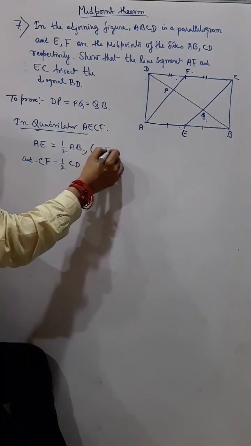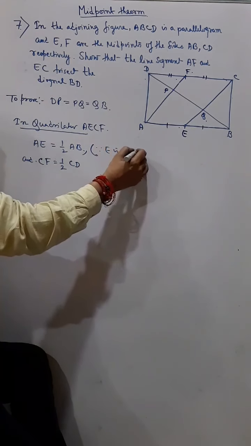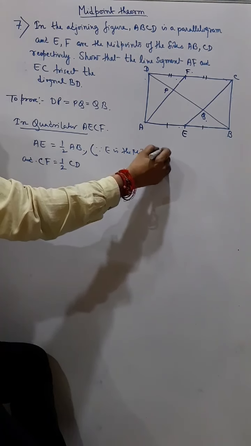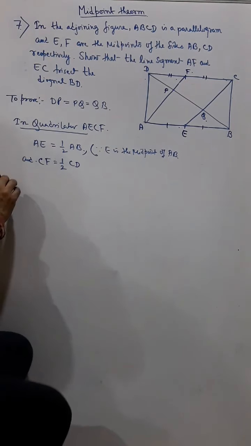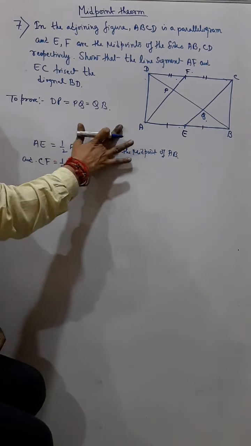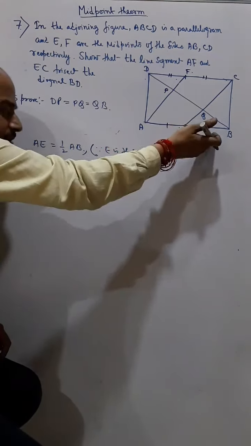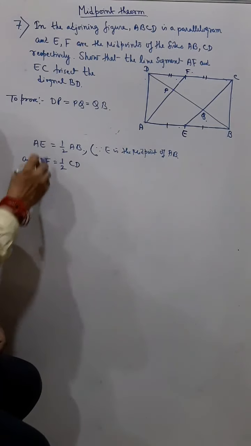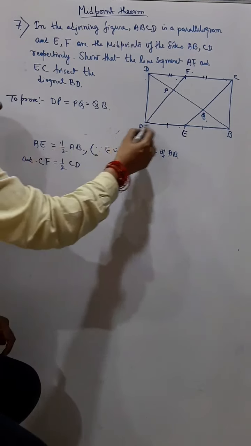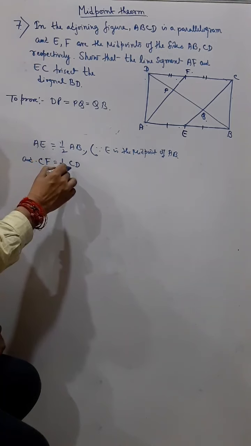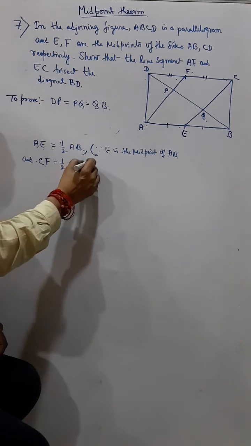Now AE is half of AB. Why? Since E is the midpoint of AB. Now I'm not writing in quadrilateral because we are using something outside the quadrilateral also. I'll write it later. First we can say this AE is half of AB, right? We can also say CF is half of CD.